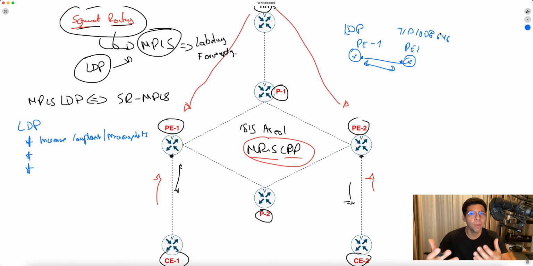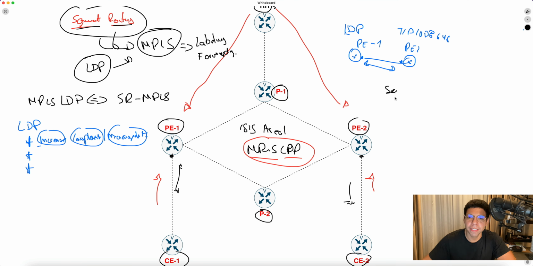When we add a new protocol to the network, it means there is another potential point of failure, another potential thing to manage or take care of. This already increases the complexity and the manageability. So this is one point why LDP is not as attractive compared to segment routing.